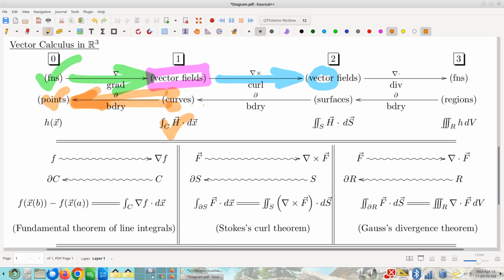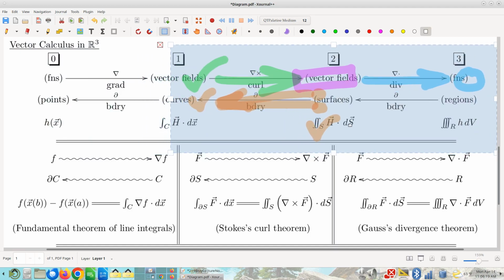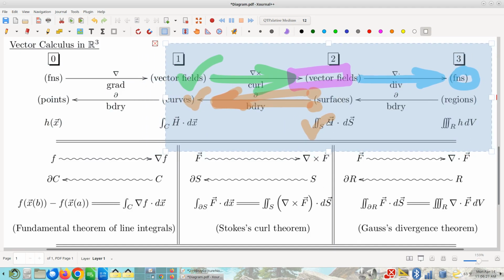Let's assume everything is as nice as we need them to be. No singularities, no nonsense. Green, blue, and orange, always simultaneous. You have one, you have the other two. It's awesome. In that same way, everything slides over one notch, and everything still works.